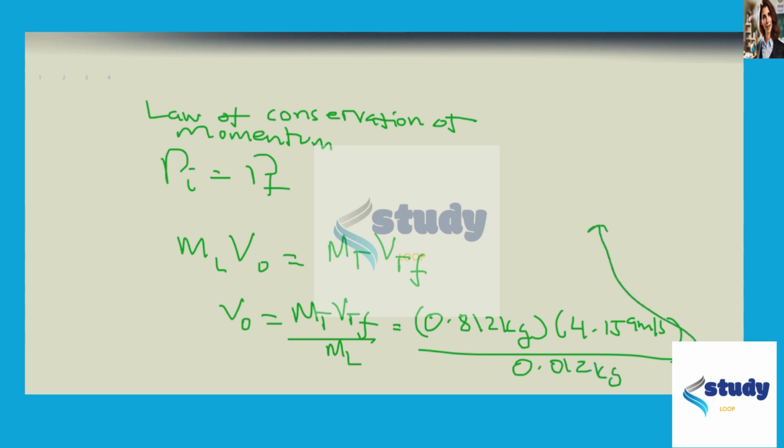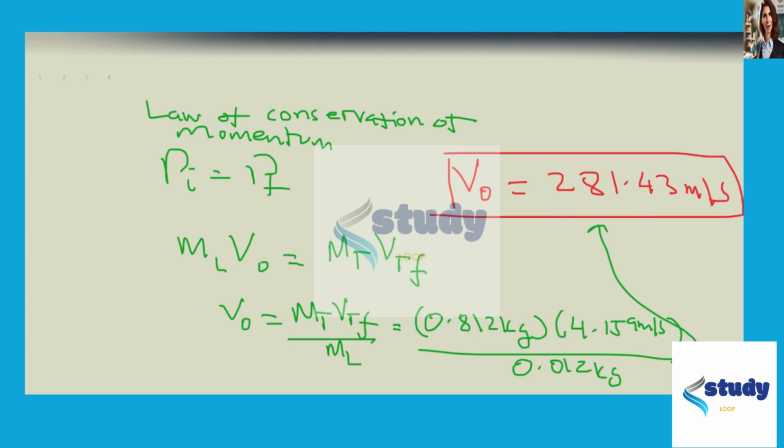A lot of numbers going on here, so it's very easy to make a mistake, but you just gotta be patient. 4.159 divided by 0.012 gives us 281. So V naught becomes approximately 281.43 meters per second. Hope you enjoyed the problem. Feel free to ask any questions.